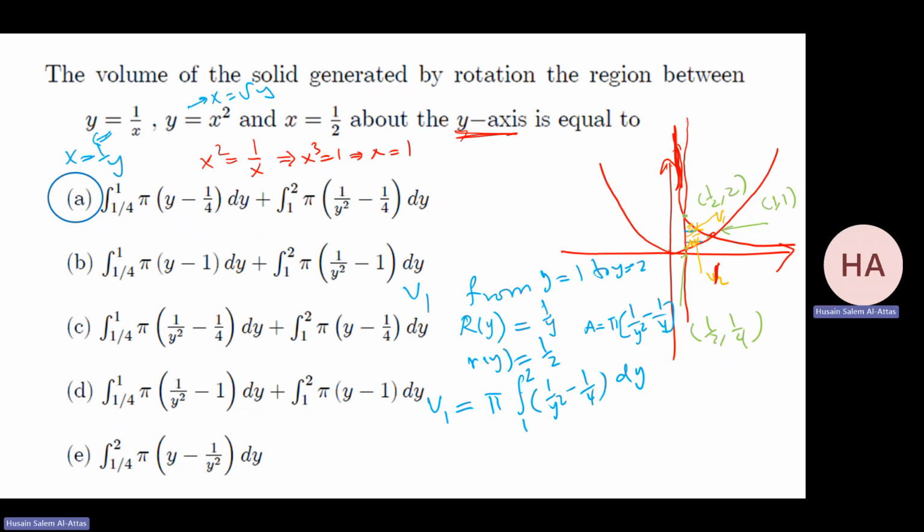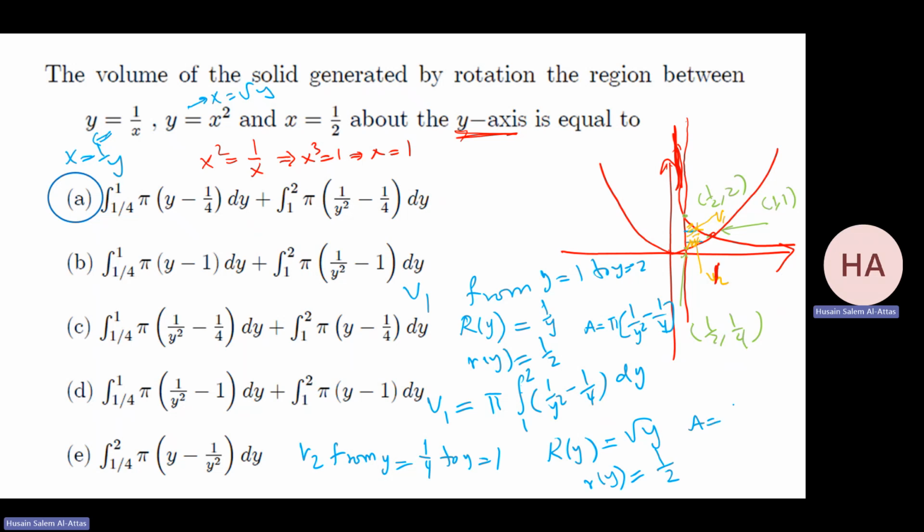The lower volume, V2, is from y equals 1 over 4 to y equals 1. And what is r of y? Talking about this lower region, call it V2. What is the upper side? The upper will be square root of y, and the lower will be 1 over 2.